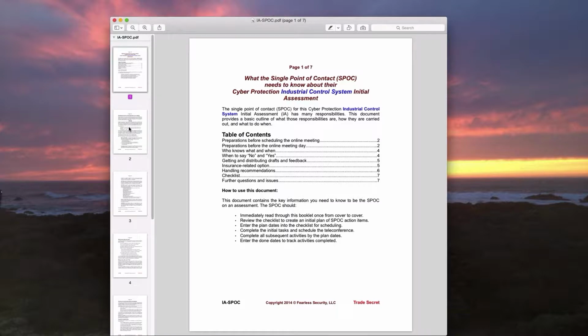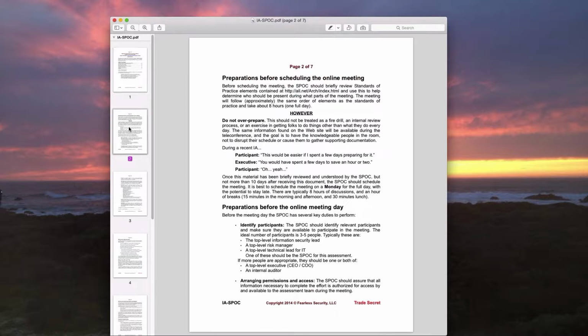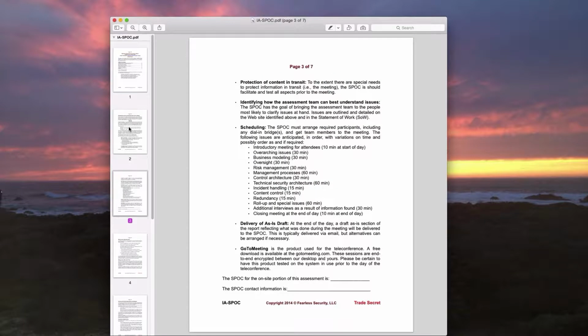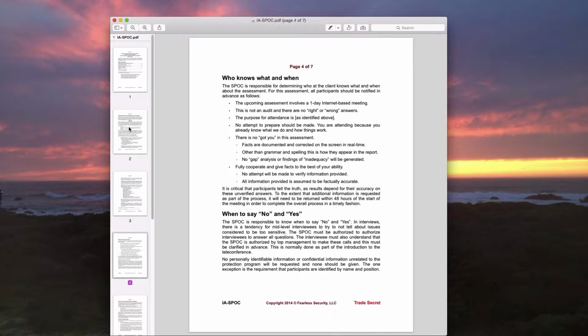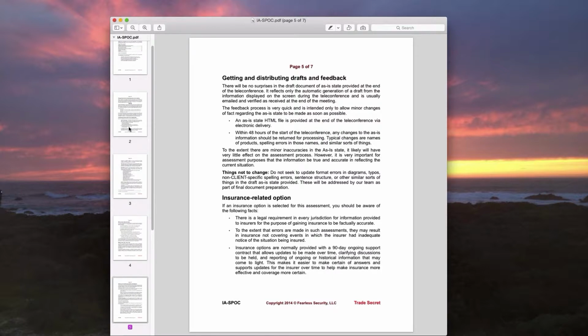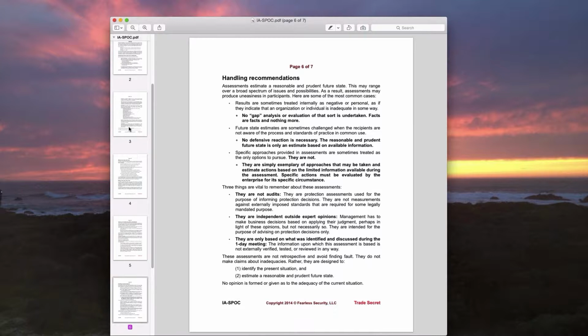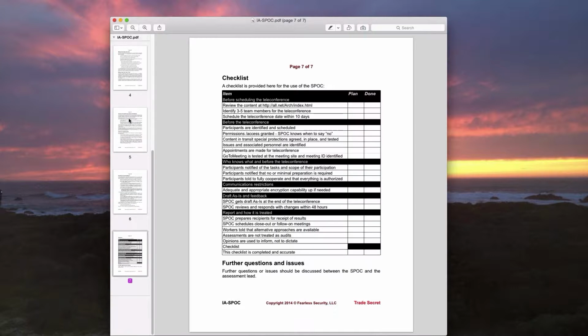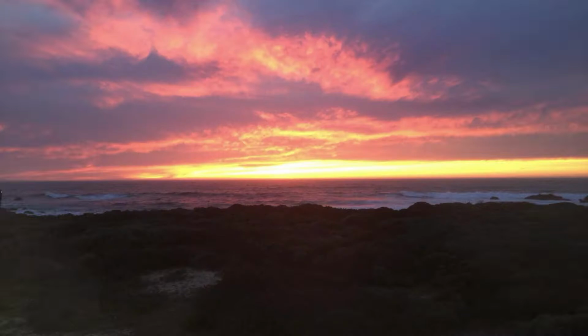They're notified of their various responsibilities, what they have to get done, how to do that, how to protect information and content in transit, how to deliver drafts, how to use the technology that supports all this, who knows what and when to say yes and no, drafts, insurance-related recommendation handling, and so forth. It ends with a checklist, and the checklist provides the means by which the single point of contact can verify that everything's being done in a timely fashion and track the process.